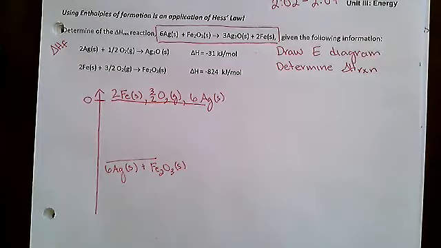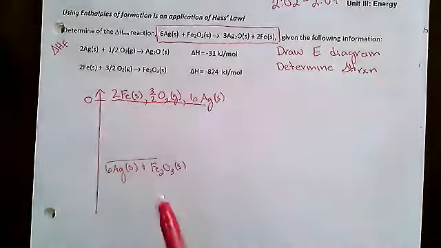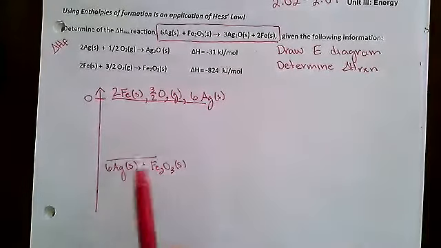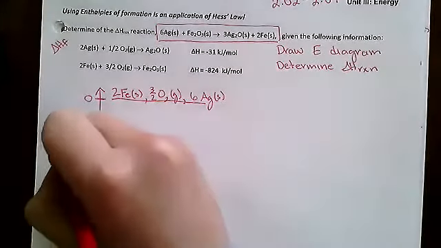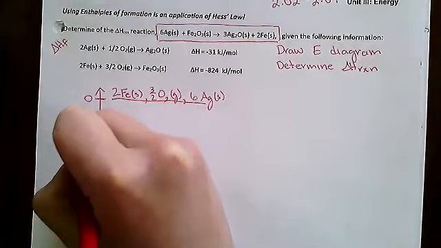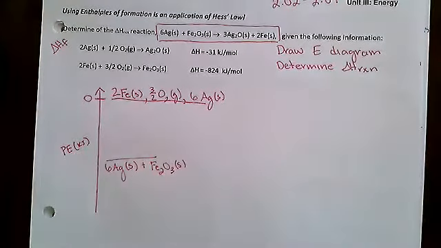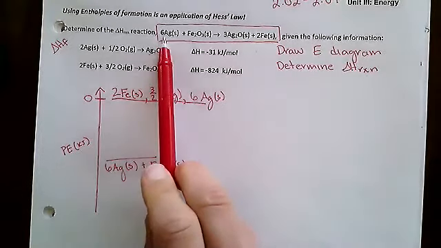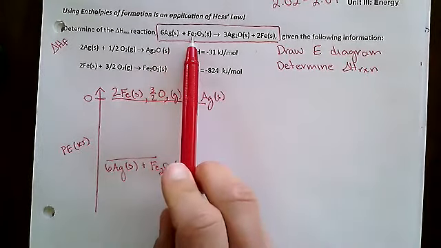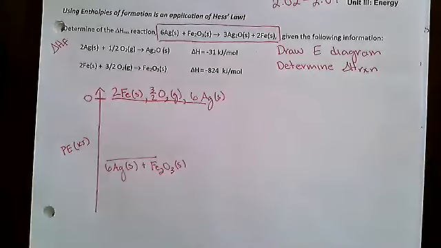And I said, a good starting place is just to draw your axes and make a line that represents the potential energy of your reactants. It doesn't matter where that line is. And then write down, what are your reactants? 6 silver, 1 mole of iron 3 oxide.